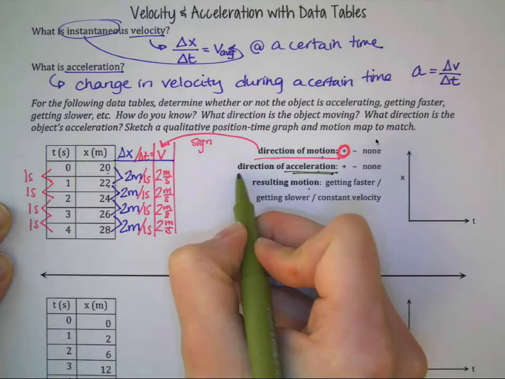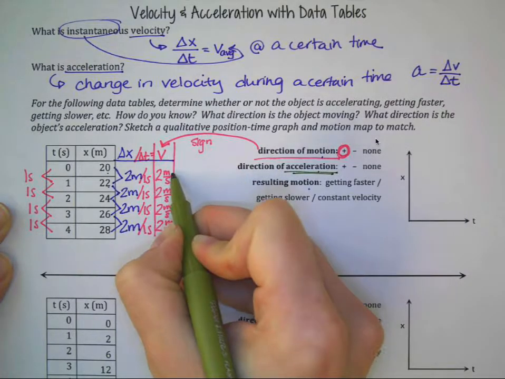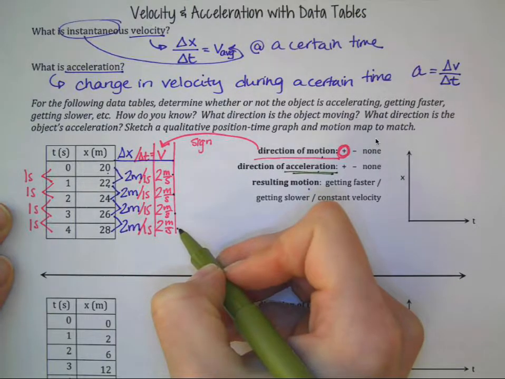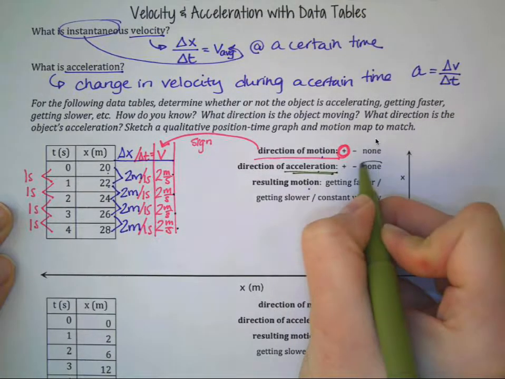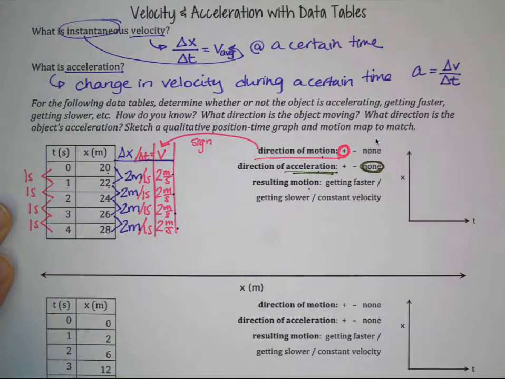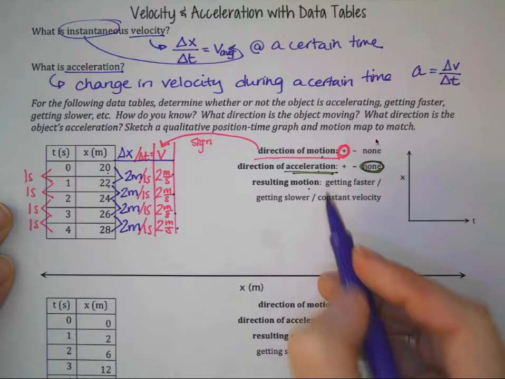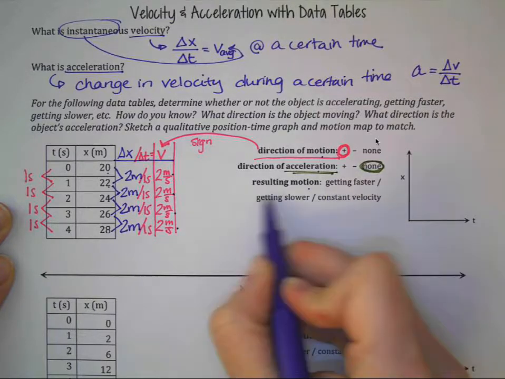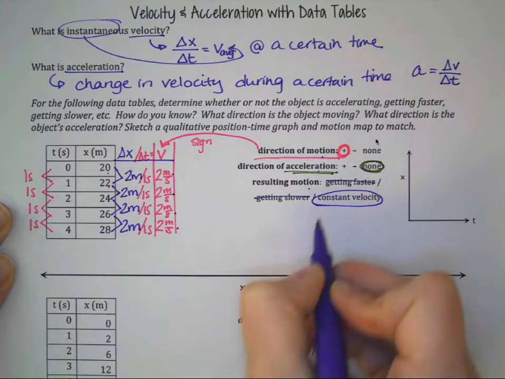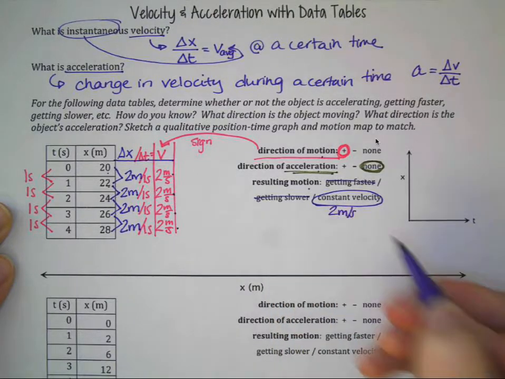But if we have a velocity that is staying the same, assuming this is moving in the same direction, we have no acceleration in this case. And then as we look for what kind of resulting motion, the object is not getting faster or slower, staying at a constant velocity, and that constant velocity is 2 meters per second.